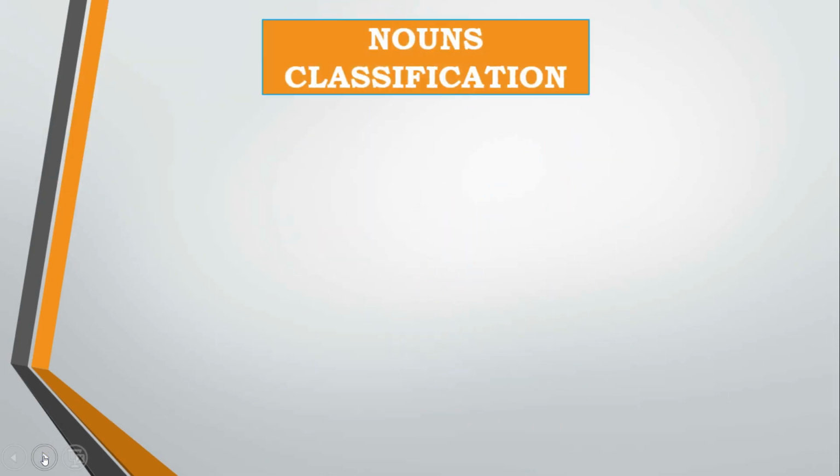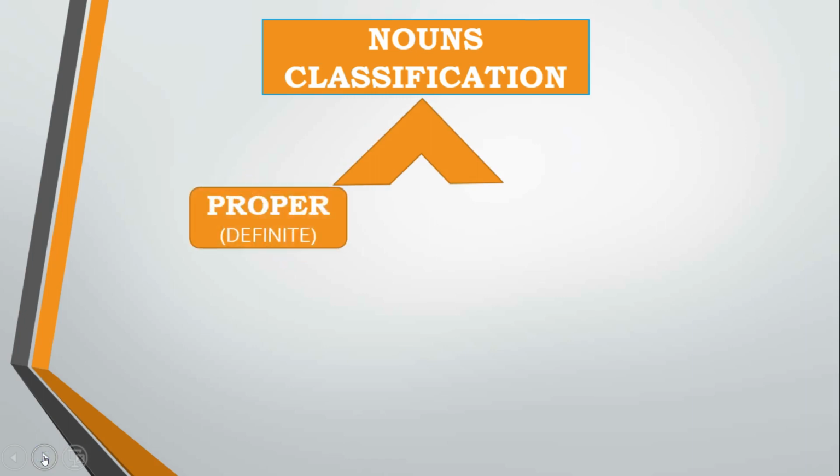Since we use articles to modify nouns, it's very important that we learn how we classify nouns in the English language. So the first classification takes place between proper and common nouns. Proper nouns are definite inherently because we give specific names to certain things or people, right?